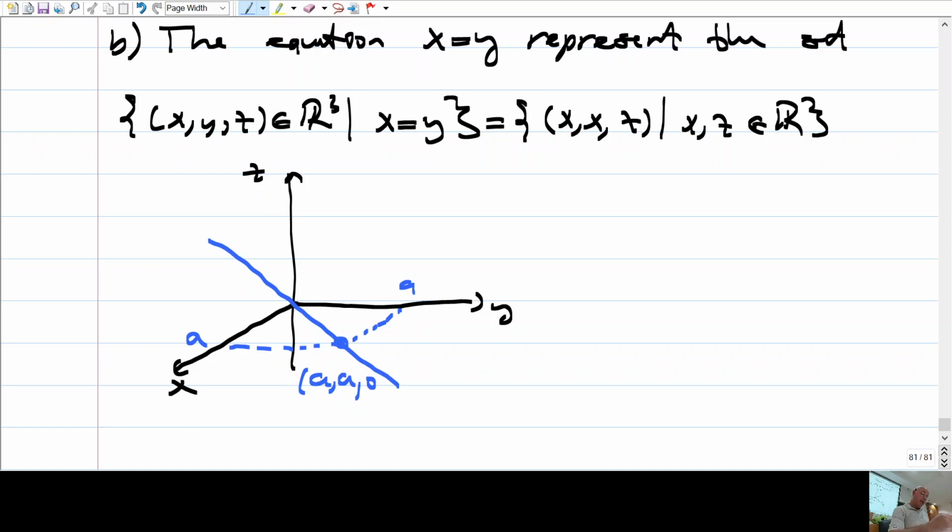X and y are the same. Z is arbitrary, so z can take any value you wish. Therefore, it is nothing but just the plane containing this line and parallel to the z-axis. So it is just this plane.